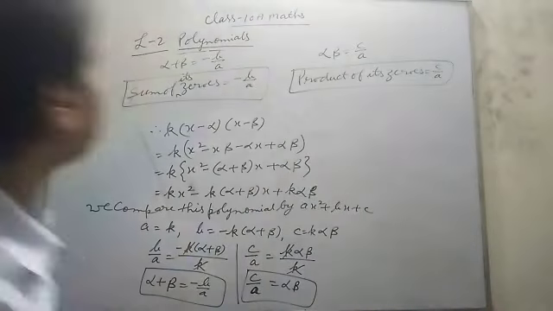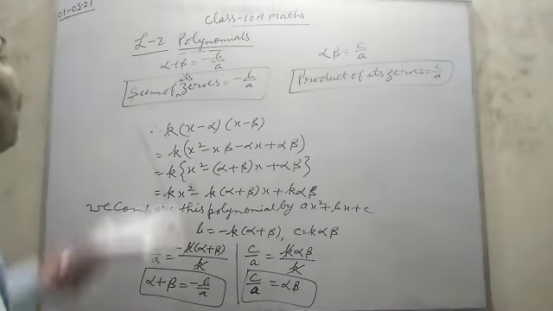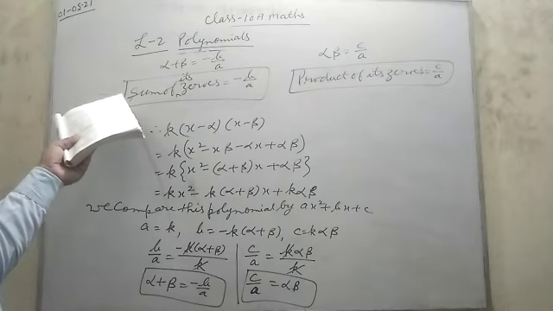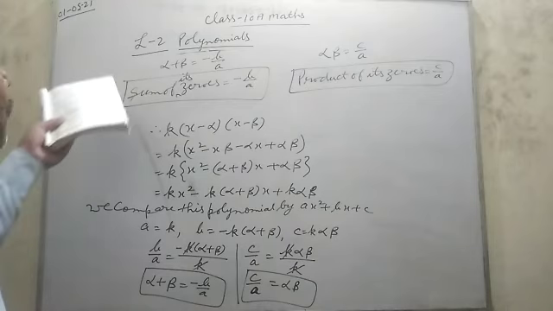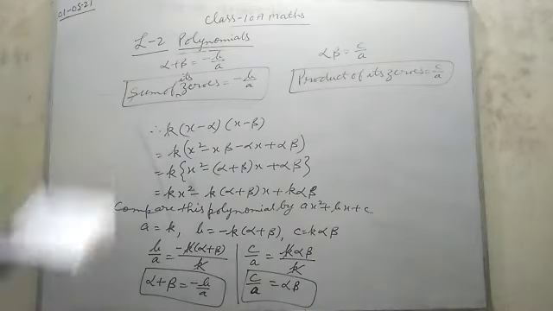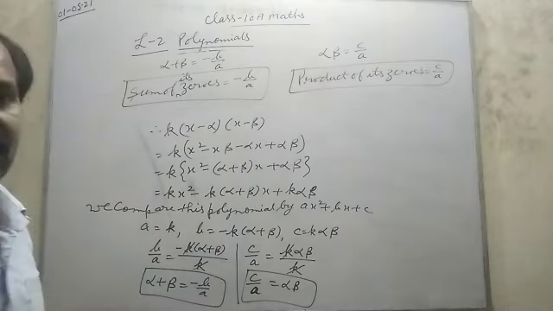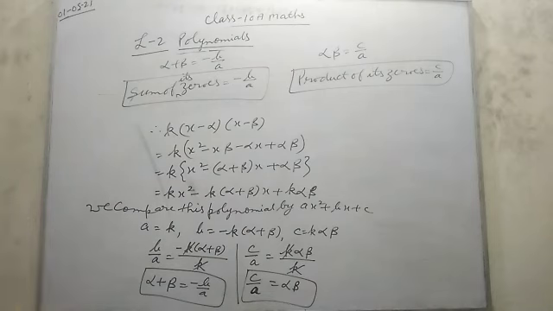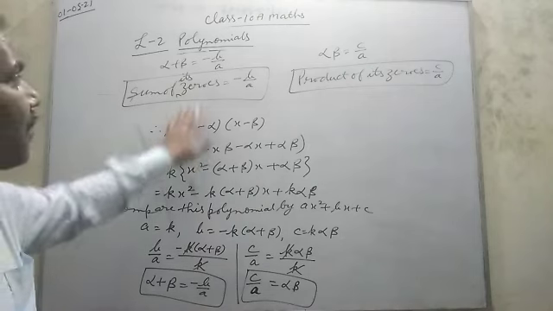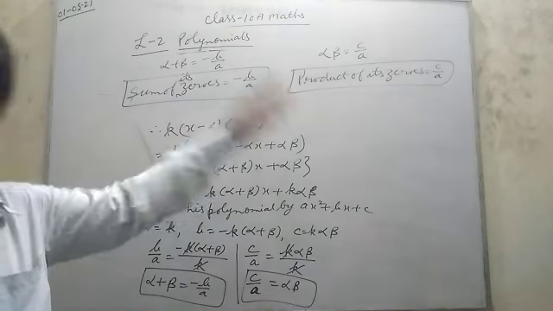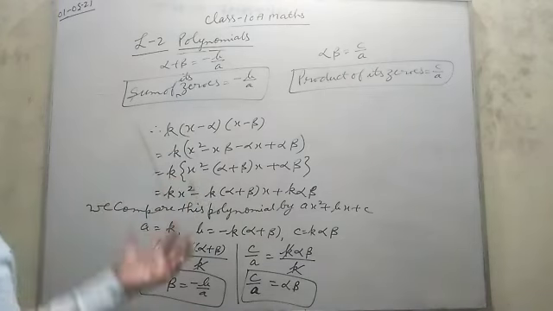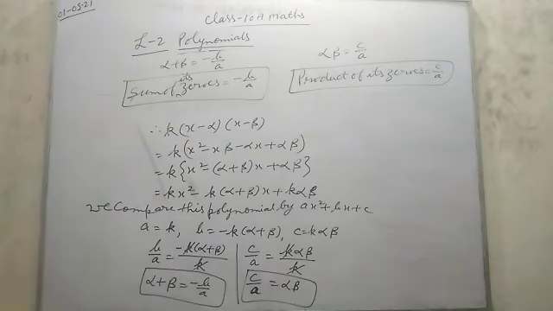And the converse of this: if the zeros are given, then we can find the quadratic polynomial. And if the quadratic polynomial is given, then how to find its zeros?